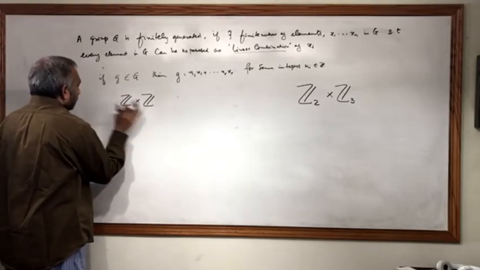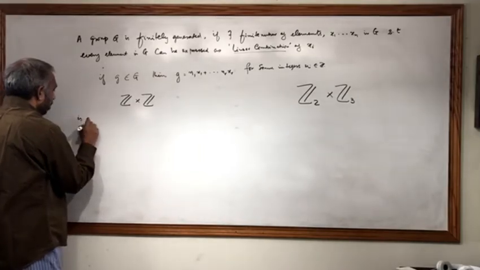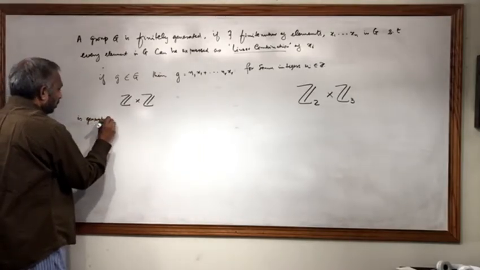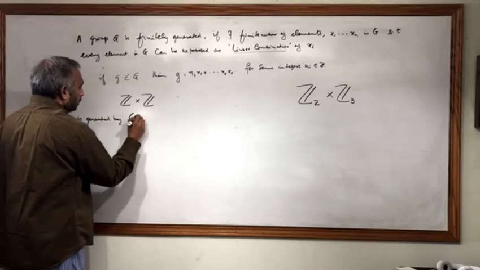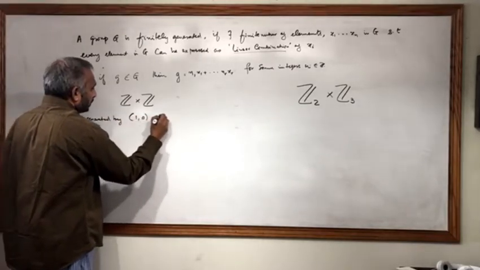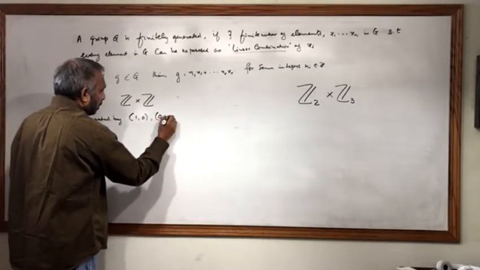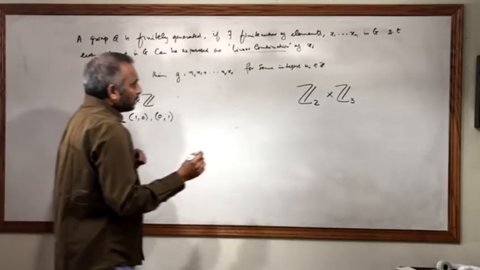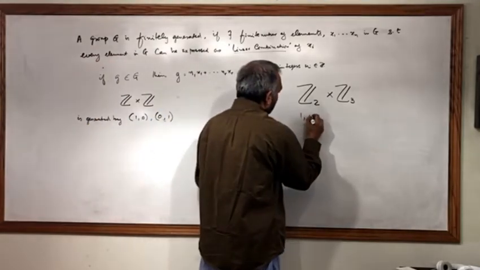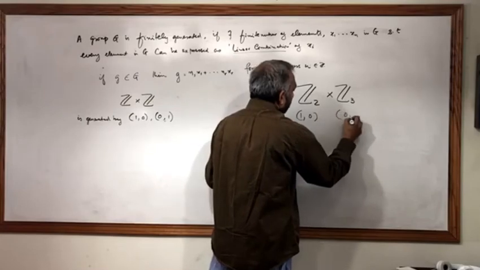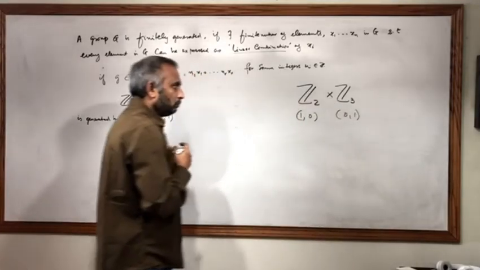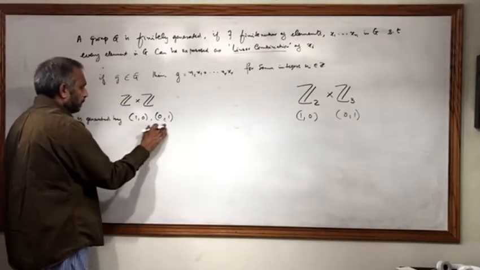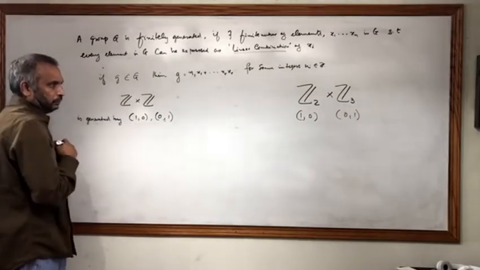This one is generated by (1, 0) and (0, 1), and this is also generated by (1, 0) and (0, 1). There are more generators, but one of the generators are like this.